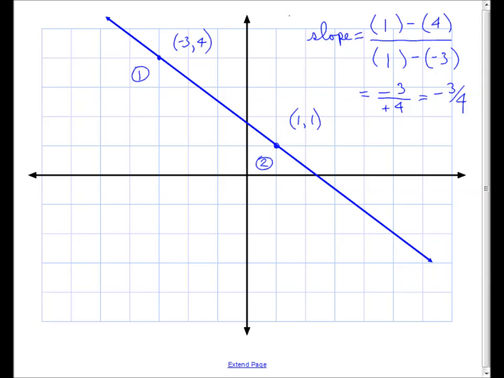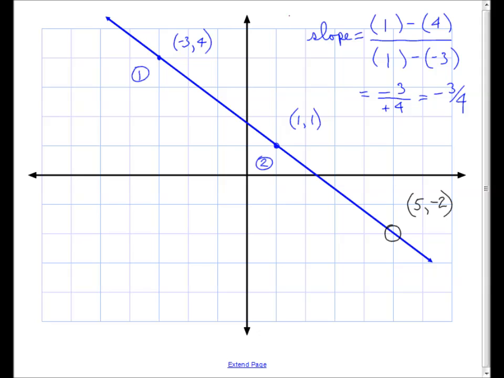Looking down here, I've got another point that appears to be on this line with an x coordinate of 5 and a y coordinate of -2. Again, if we calculate the slope between (5, -2) and (1, 1), you would calculate the same -3/4. So this line has a negative slope, and it can also be looked at as falling from left to right.